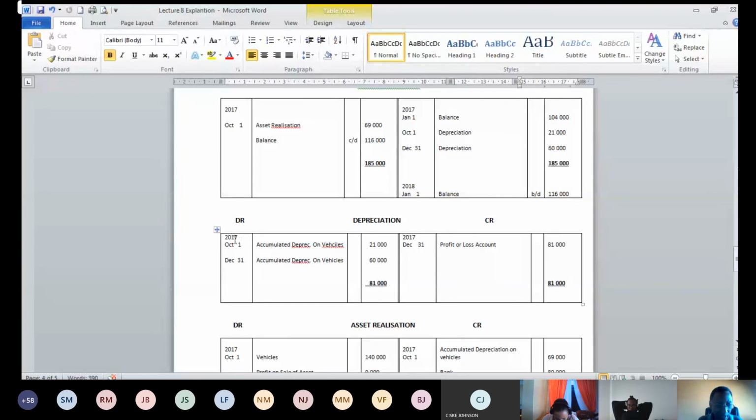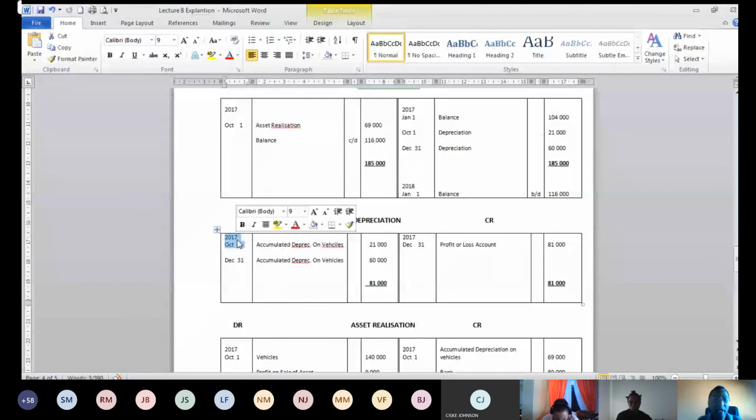When we had our asset realization on the 1st of October, we accounted for the depreciation on the asset that we sold, and that was the 21,000 Rand. On the 1st of October, debit depreciation account, 21,000 Rand. Then on the 31st of December, we must debit depreciation again with 60,000 Rand.